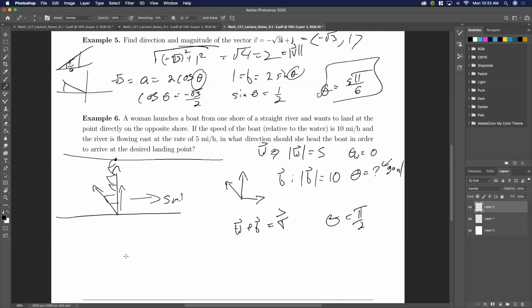So let's go ahead and figure this out. All right, so here, this is what I want. Are you guys up with me on what the goal is?